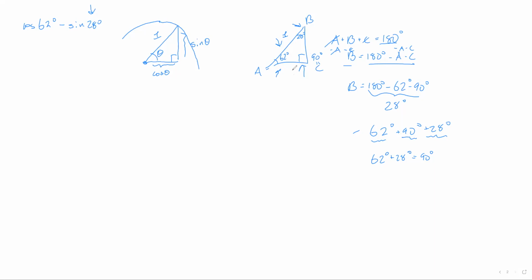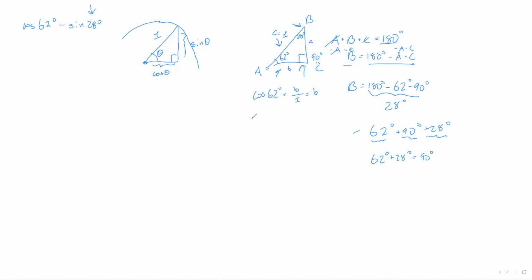We're just kind of making up some things, but to illustrate the point, cosine here is going to be this length. Maybe I'll call this B, call this A, and this C I'll call 1. So then cosine 62 degrees is going to be B over 1, which is just B.